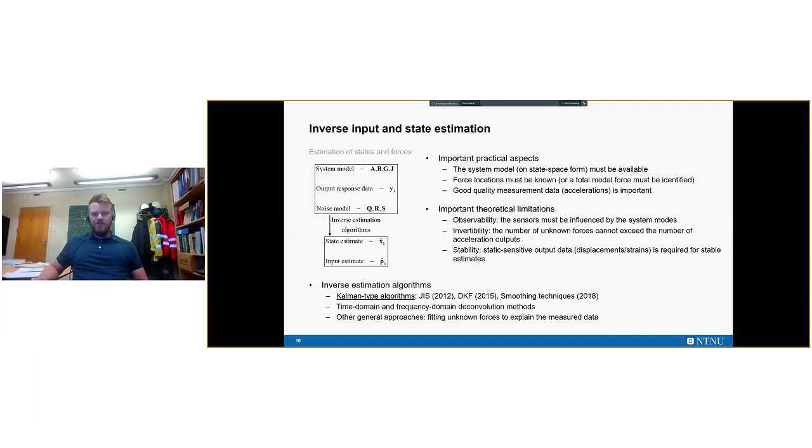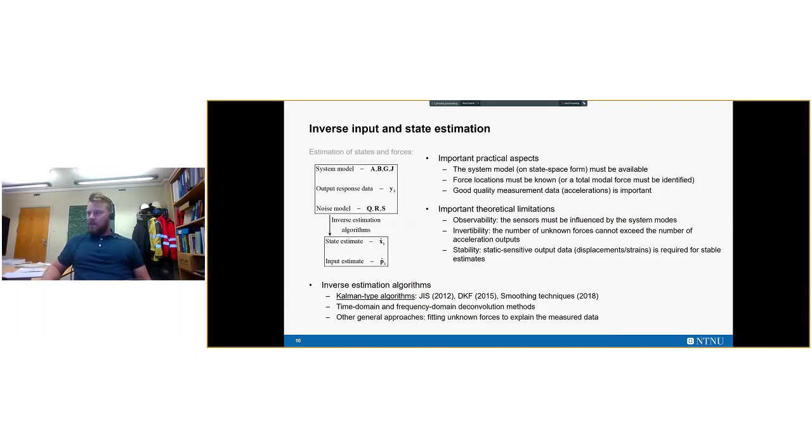There are also some theoretical limitations to these algorithms. These can be formulated in a very strict mathematical form, but I think we'll define them here in a more loose form. Firstly, it's the observability. So the sensors have to be influenced by the modes in the system. If the sensor cannot detect a mode, if it's not influenced by the mode, it cannot obtain any information from that mode.